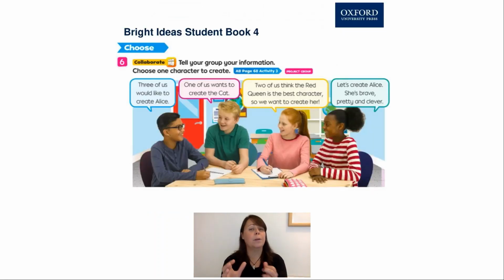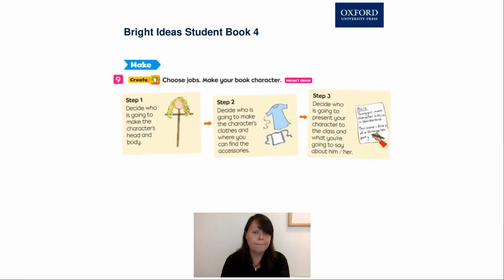Now, all these examples were about writing, but we can also use this initial thinking time, planning time in other types of projects. So in Bright Ideas, I can't remember how, after however many units, there's a project that the students do. Here it's the collaborate section when they're going to choose a character, and this may be able to be done in L1.